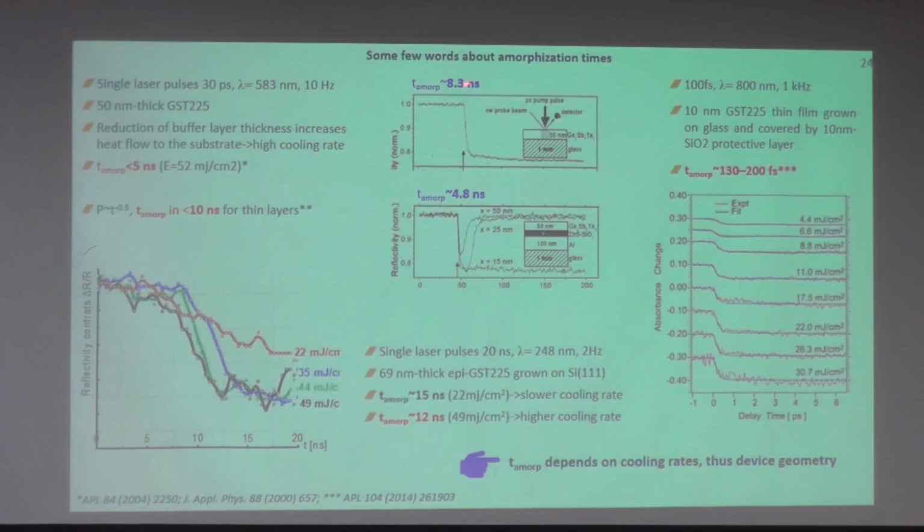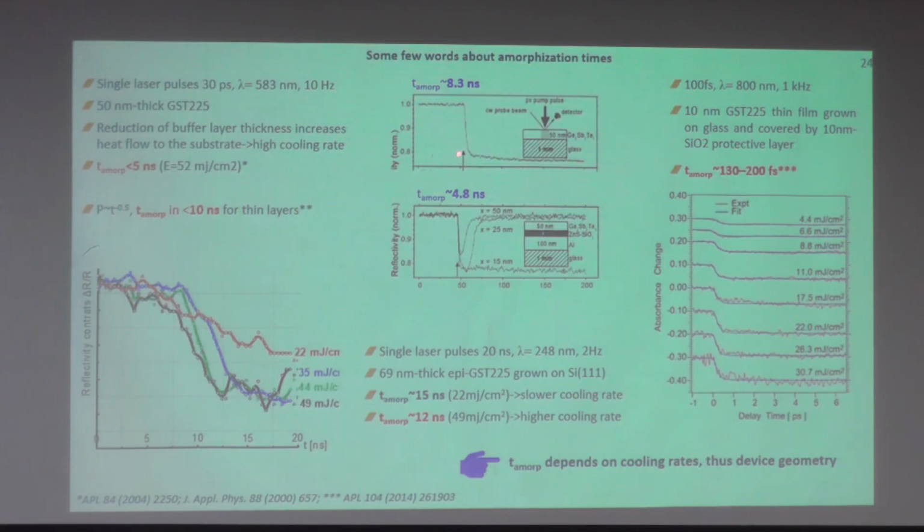In this optimized setup, there is a GST layer sandwiched between the aluminum layer and the glass substrate. This is the GST layer, and this is the zinc sulfide silicon dioxide layer. So this is the optimized stack. This is without the additional stack.